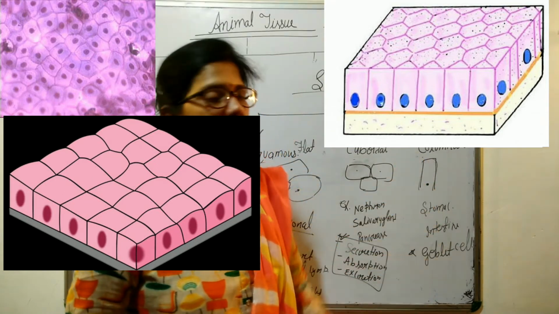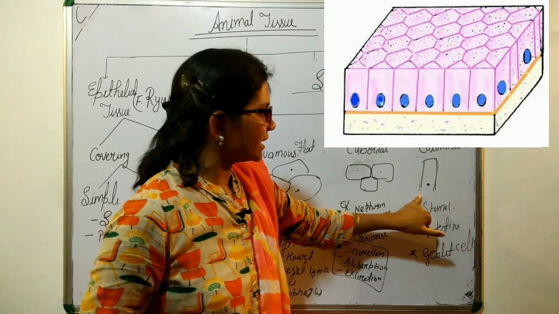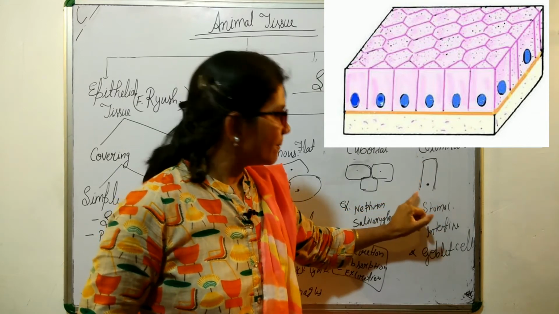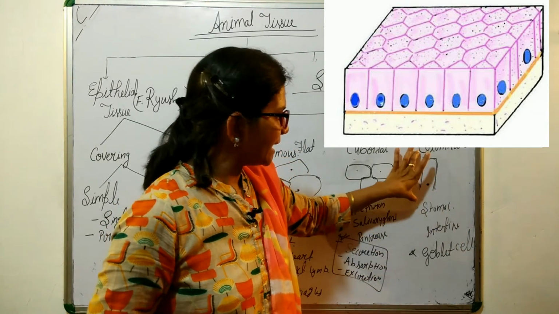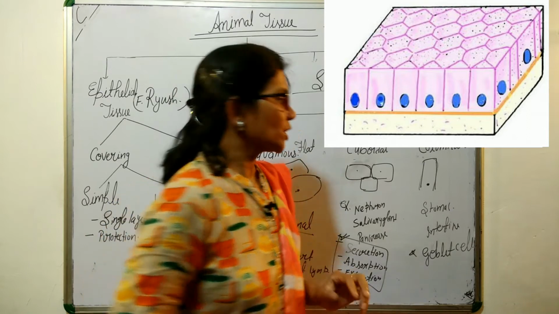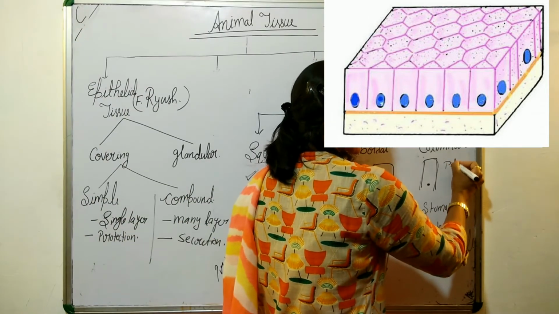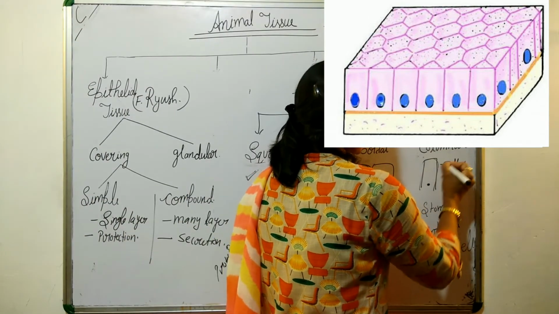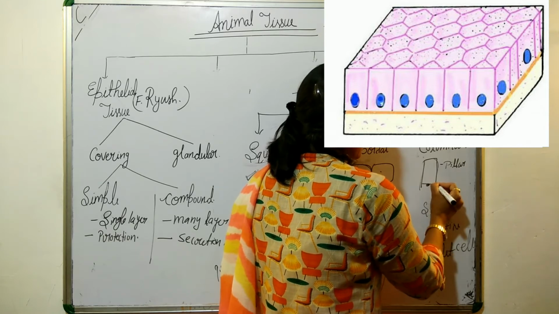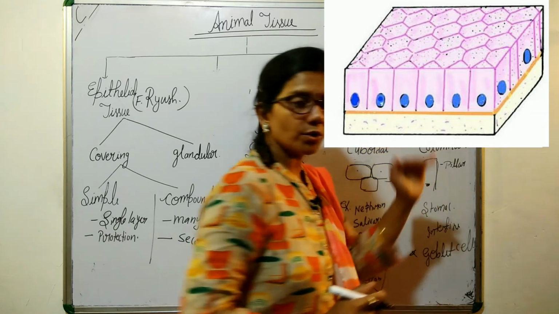Then the columnar, as we have talked, the height is more than its breadth. It means it is just like a pillar. So it is a pillar-like structure, and the nucleus lies at the base. You can see it more toward the base.